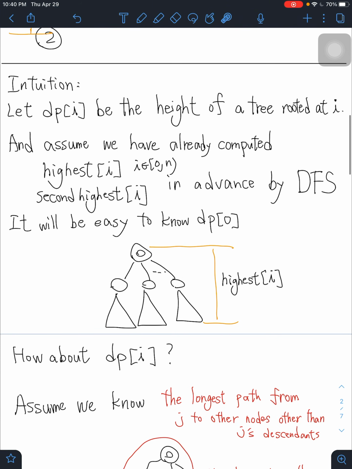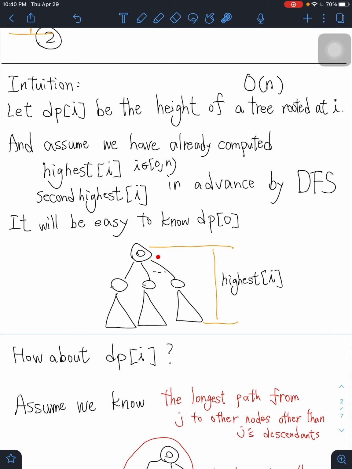So that gives us some intuition. The intuition is that, let us say we have already defined dp[i] to be the height of a tree rooted at i. Notice that our setting is that we can always compute dp[i] from DFS. So let's say we can solve it in O(n) time.